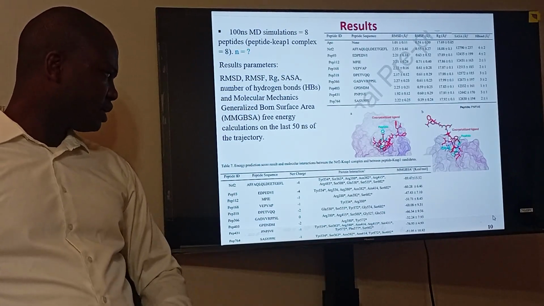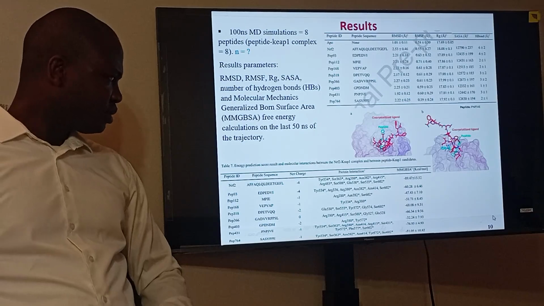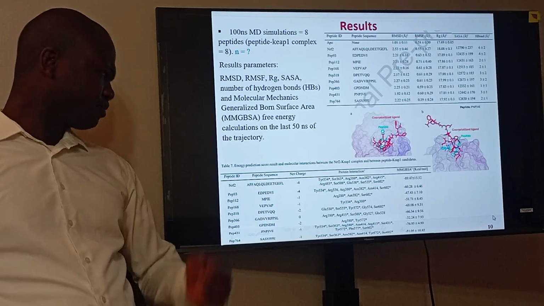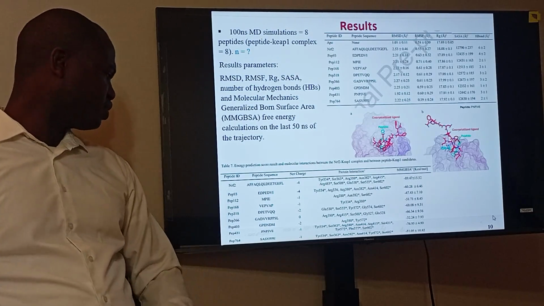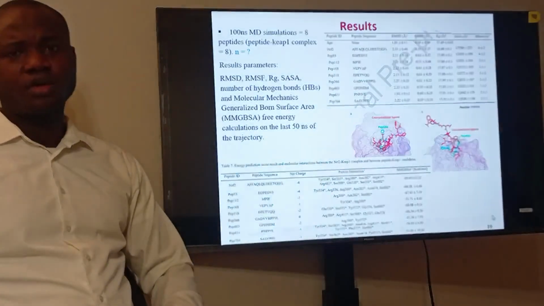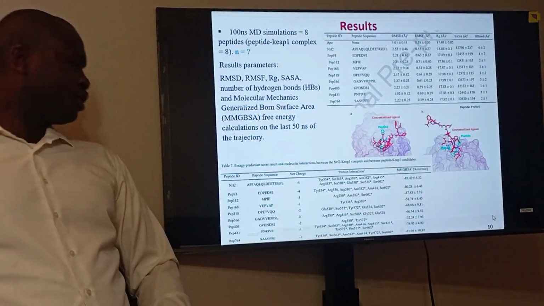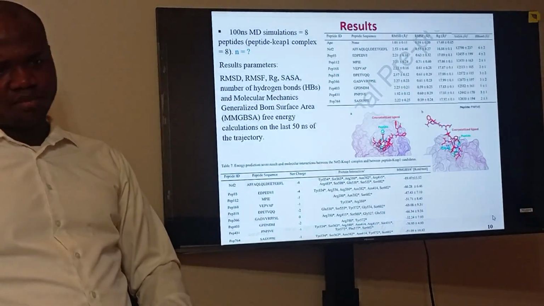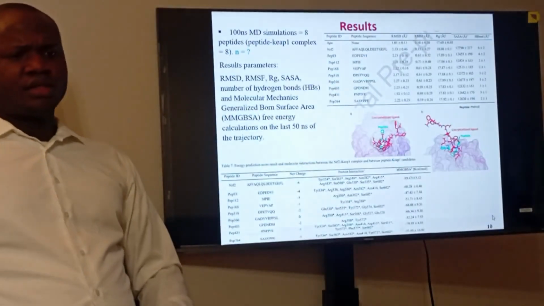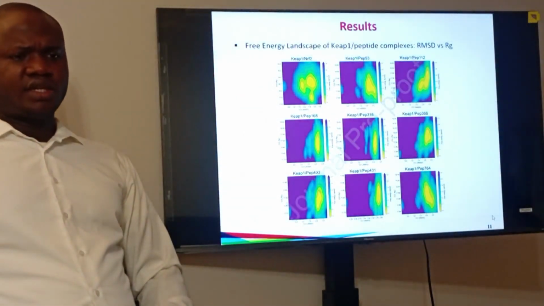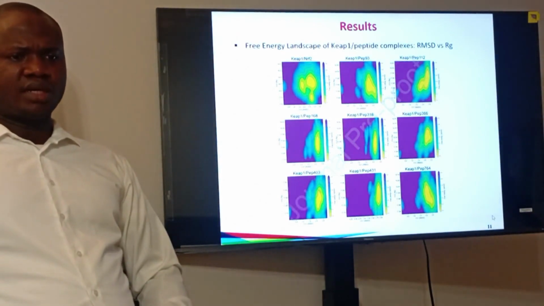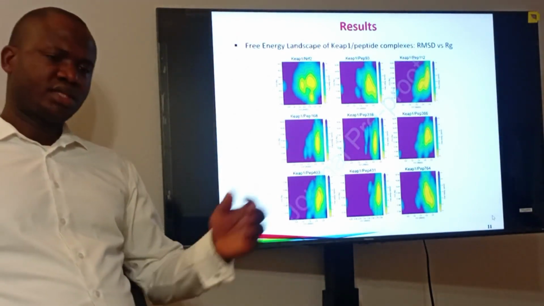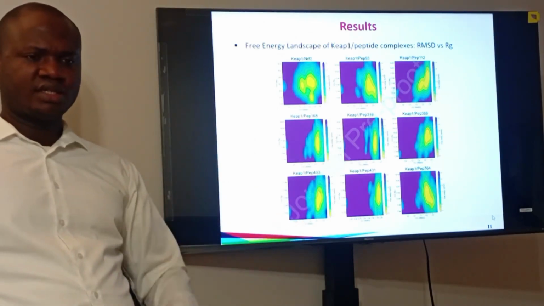So I think it has the next lowest free energy after NRF2. So overall, this particular work favors this peptide 431 with the sequence PNPIVE. They reported the free energy landscape of the KEAP1 peptide complex, where they plotted RMSD against the RG.